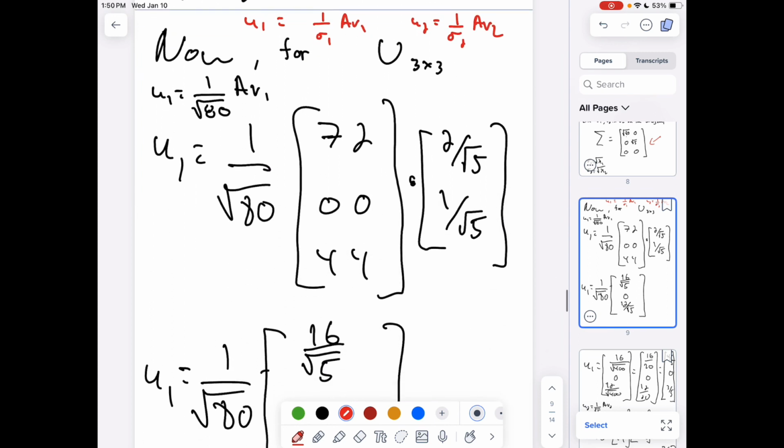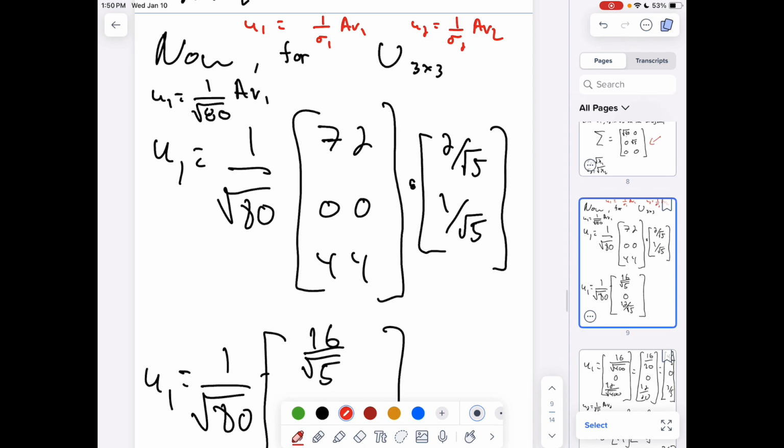Now we're going to form U. And U here is made up of columns, which consist, not entirely, of these two expressions that you see here in red, U1 and U2.